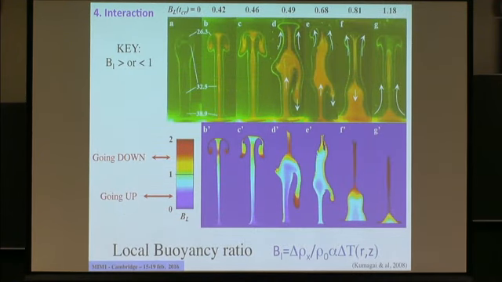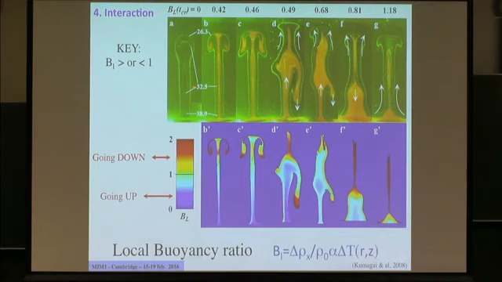So in fact, to understand the whole behavior, the key parameter is the local buoyancy ratio. If I know at each point the temperature and the composition, I can calculate locally this buoyancy ratio as the local density difference of chemical origin divided by the local thermal buoyancy.